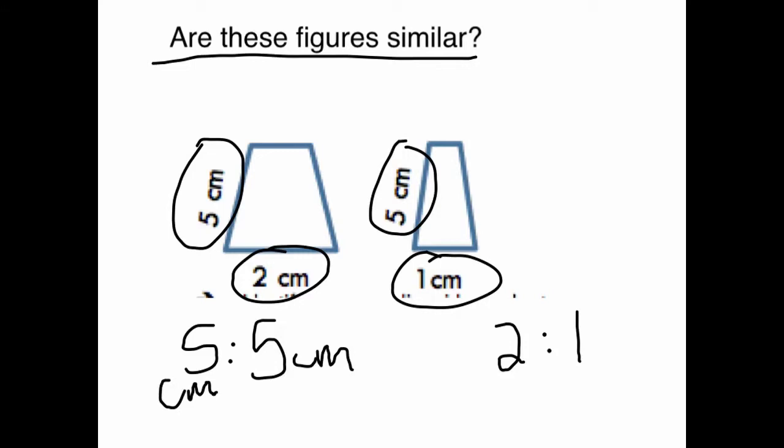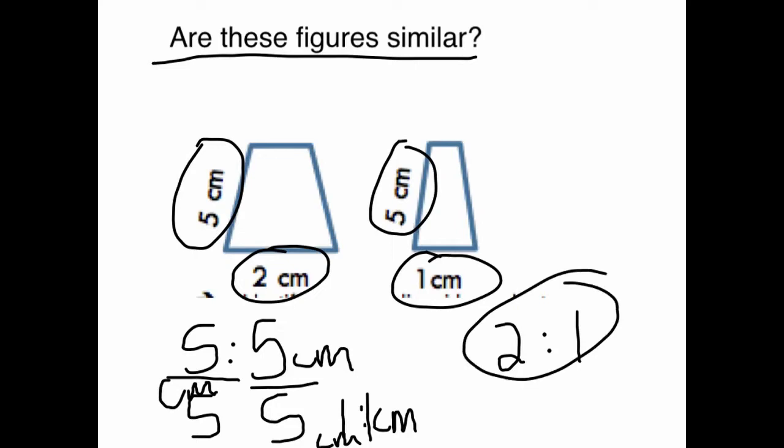Now, if I divide both of these sides by 5 to get it in its smallest form, I'm going to come out with 1 to 1 centimeters for both sides. And then for my other side, for this ratio, if I just divide by 1 or by 2, I'm still going to come out with a ratio that's different.